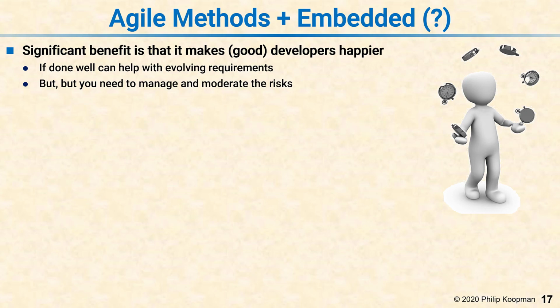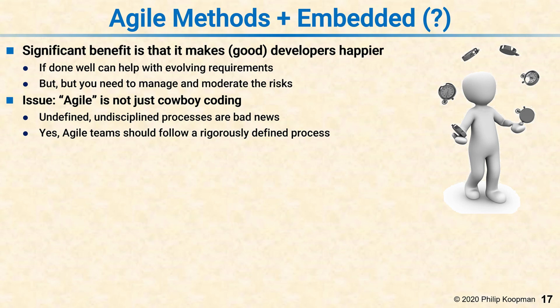There are some issues and dysfunctions that happen with Agile commonly. I've seen all of these a number of times. So if you're going to use Agile, make sure you are aware of and mitigate the risks due to these issues. The first is Agile does not mean cowboy coding. If somebody says, oh, we're using Agile, what does that mean? It means we don't have to do paperwork anymore. No, that's not what Agile is. Or, well, we don't have to follow a process because we're Agile. No, I just showed you a picture of an Agile process.